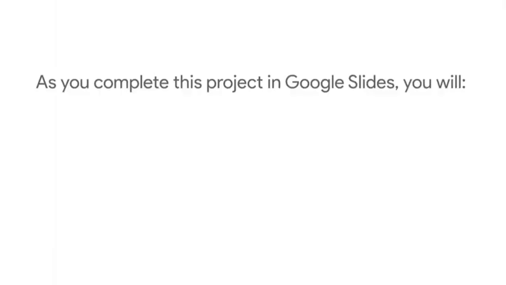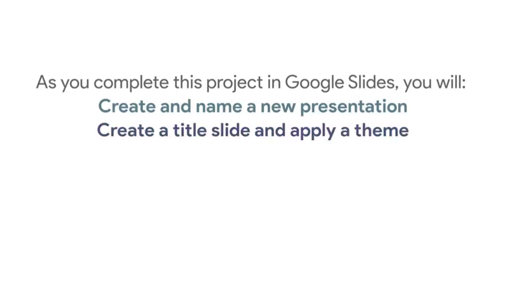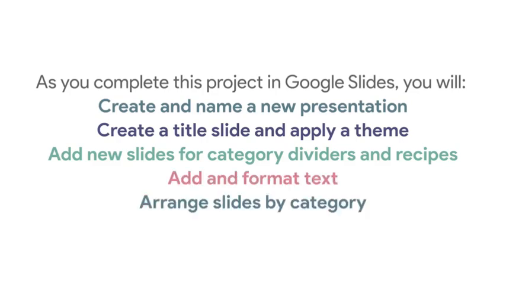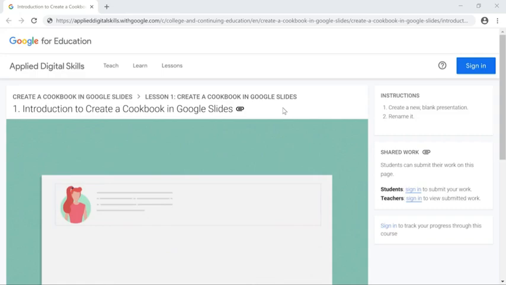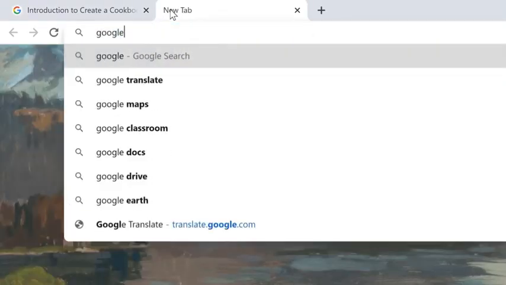As you complete this project in Google Slides, you will create and name a new presentation, create a title slide and apply a theme, add new slides for category dividers and recipes, add and format text, and arrange slides by category. To work on this lesson, sign into your Google account. Open a new tab in your browser and navigate to google.com.